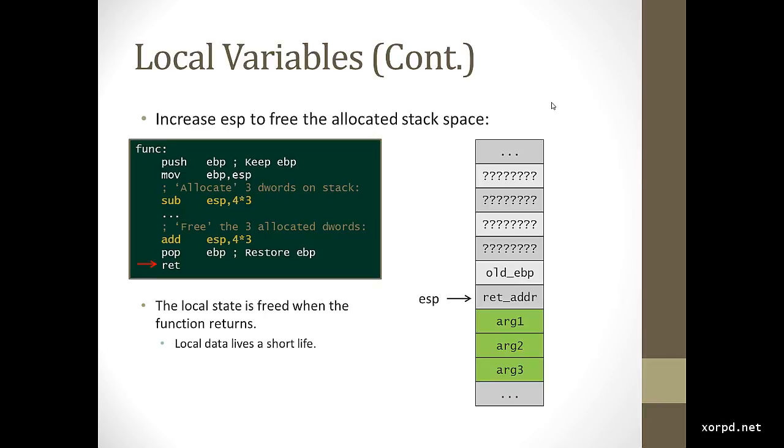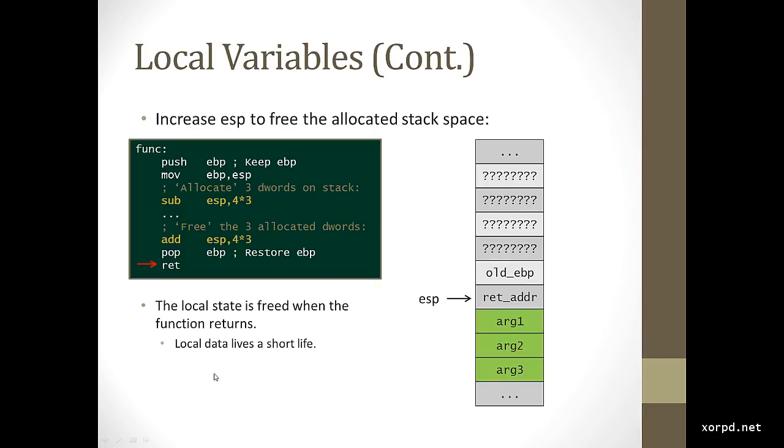You probably noticed the local state is freed when the function returns, which means that local data lives a pretty short life. It only lives during the execution of the function. But when the function ends, the local data dies. It didn't really die, because the values are still here on the stack, but some other function might override those values. They are not allocated anymore.